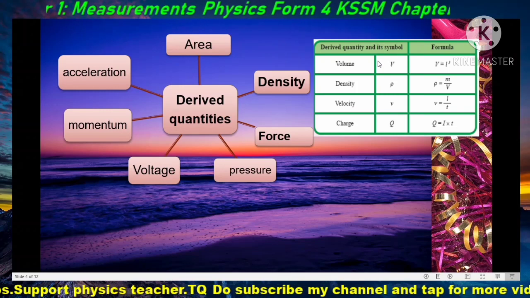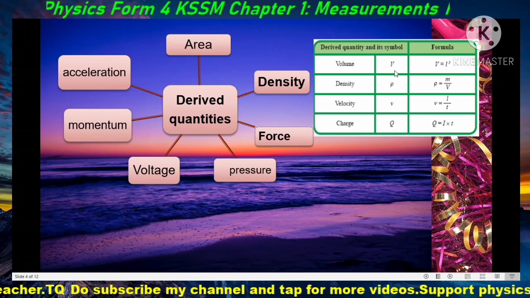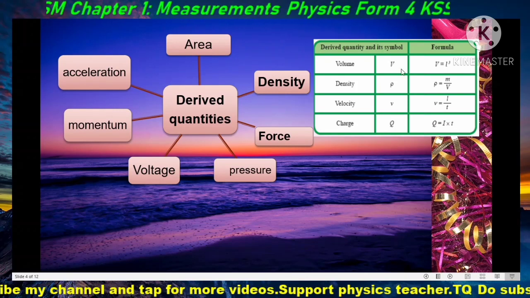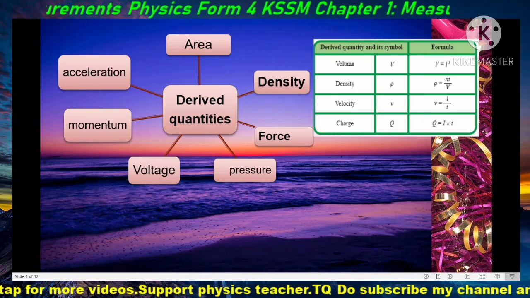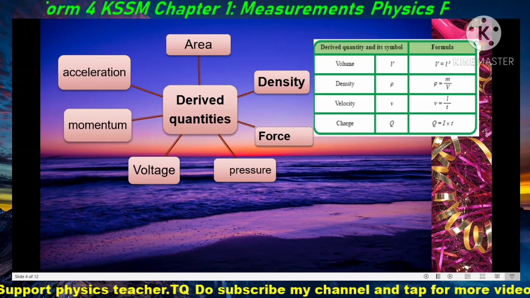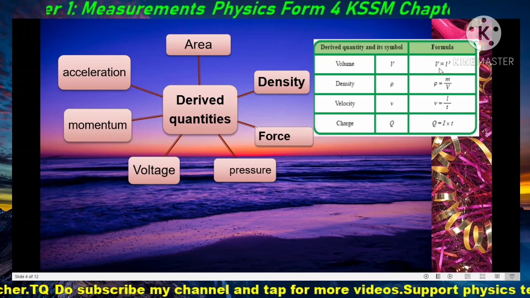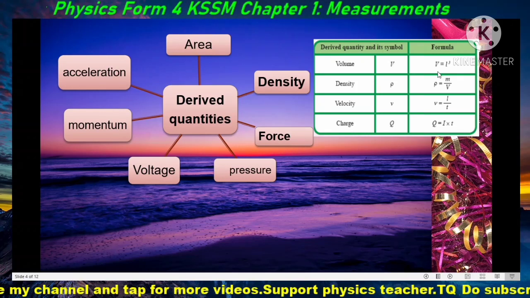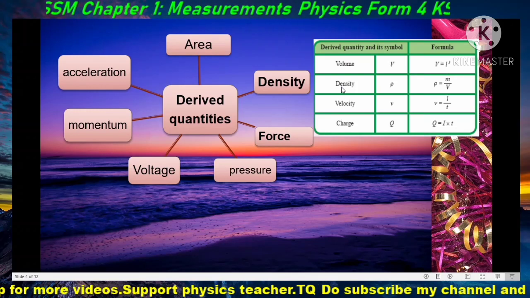The symbol is V. I think all of you know the formula for volume. Normally we just state it as length times width times height. Actually the width and height are under the group of length. That's why we can state the formula as length times length times length, or length cube. So the formula for volume, V equals L to the power 3.